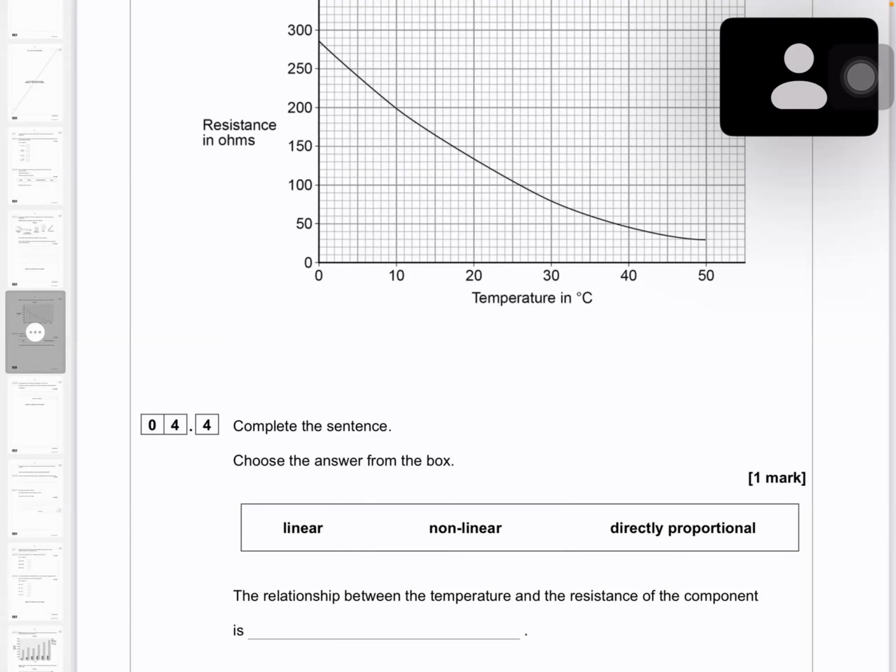At the same time, I can't even say it's inversely proportional, because inversely proportional suggests that as one increases, the other one reduces at a fixed amount, which would have meant that this graph would have been a straight line graph, but still tilting in the direction it's tilting. So I'll go with non-linear.